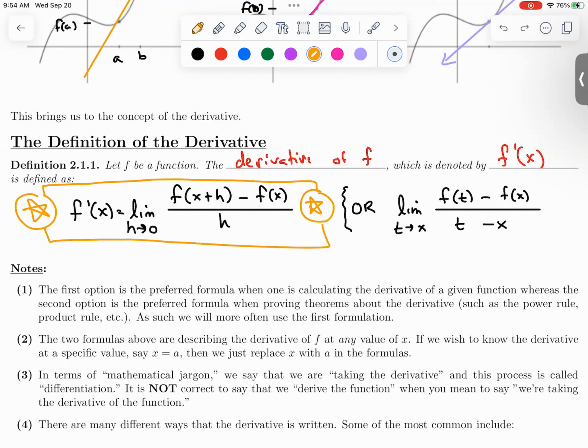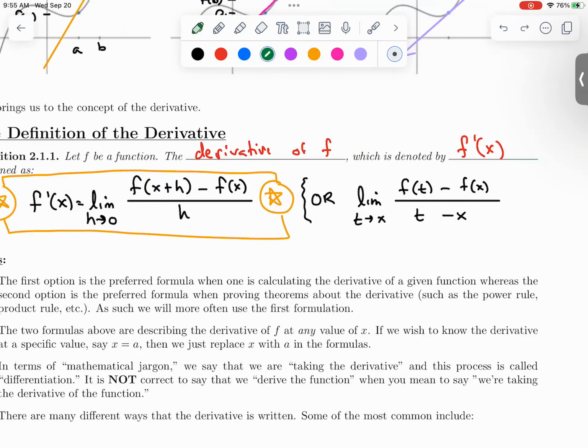So for example, if I wanted to find the derivative at 5, f prime of 5 would be the limit as h approaches 0 of f of 5 plus h minus f of 5 divided by h. Or it would be the limit as t approaches 5 of f of t minus f of 5 over t minus 5. However you want to do it. But we're going to primarily stick with the first way.